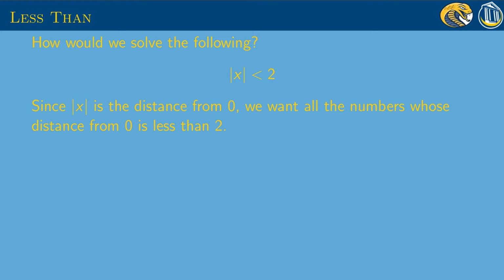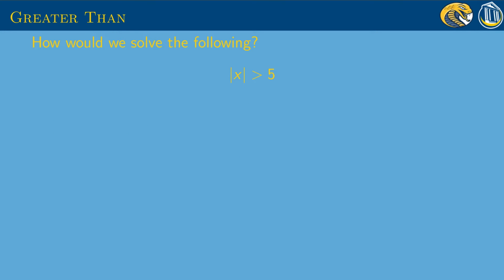As it says, since the absolute value of x is the distance from 0, we want all the numbers whose distance from 0 is less than 2, just as we concluded. We can use this idea of drawing out a number line in general to try and figure out our solution moving forward.